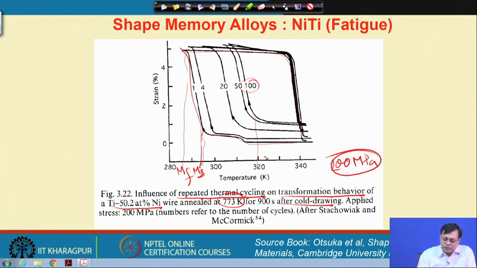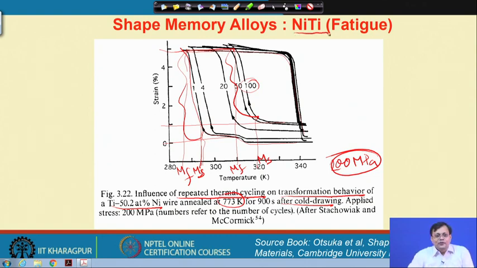And you see the magnitude of the strain recovery has also changed. At the initial stage, I had a larger strain recovery, whereas at a later stage there is less strain recovery. So, the thermal cycle also changes the memory effect in the case of a nickel titanium alloy.